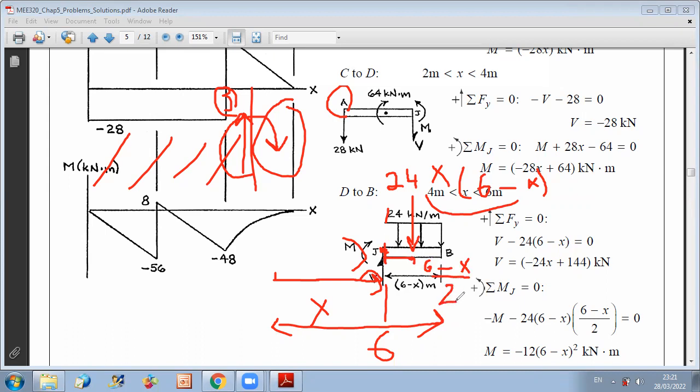Now, using the section method, to find V, you do sum of forces in y equals 0. Sum of Fy equals 0 gives you plus V minus this force, which is minus 24 times (6 minus x), equals 0. You can get the expression of shear.